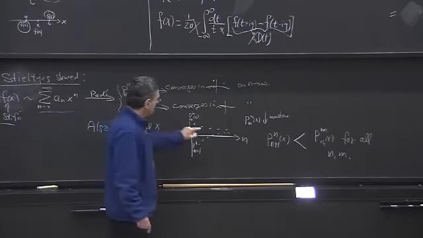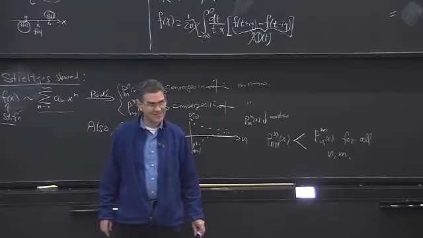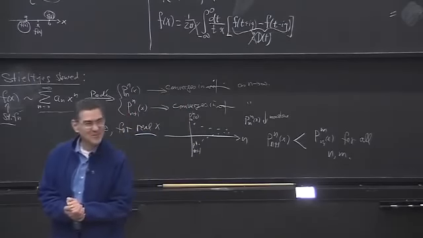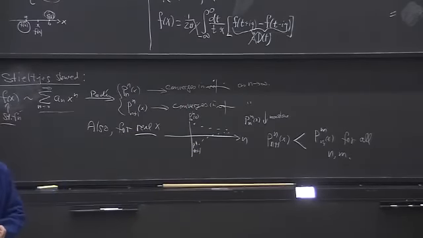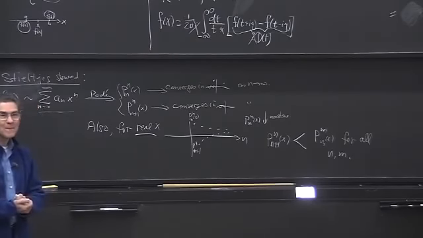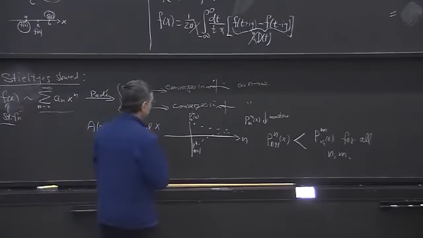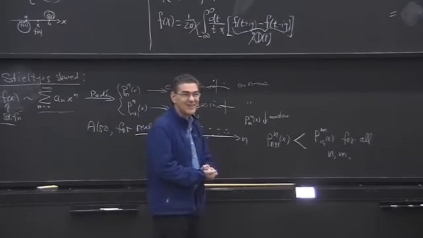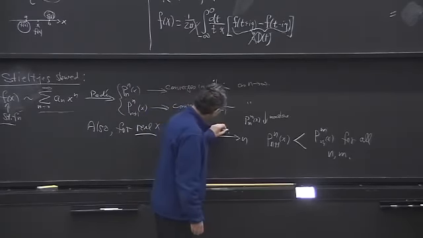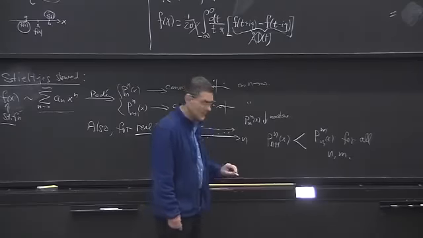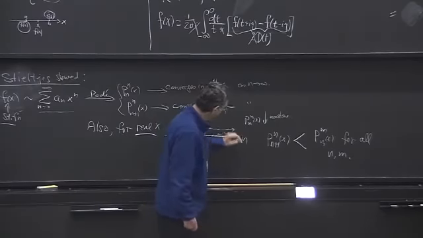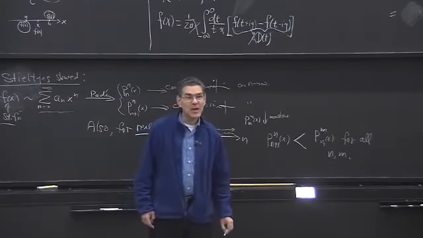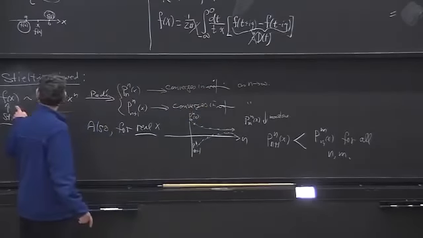But this is the really interesting part. Here's the but. The but is that we don't know whether this thing which is converging to a limit and this thing that's converging to a limit converges to f of x.